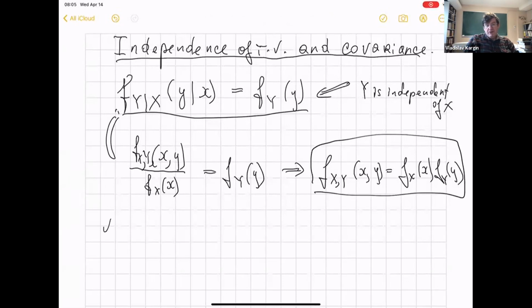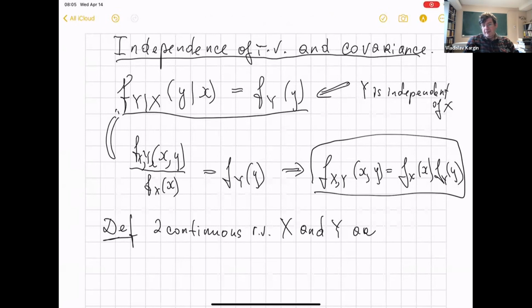And the definition just says that two continuous random variables X and Y are independent if this equality holds.